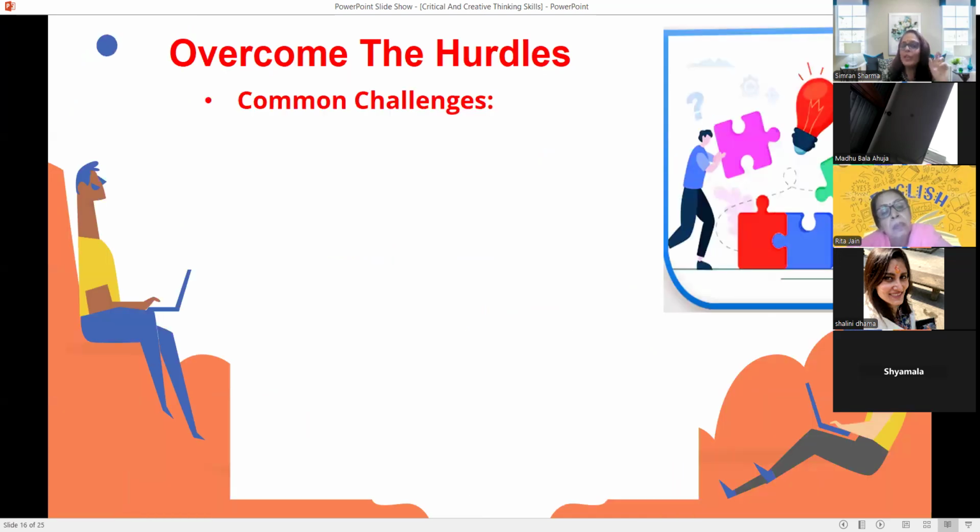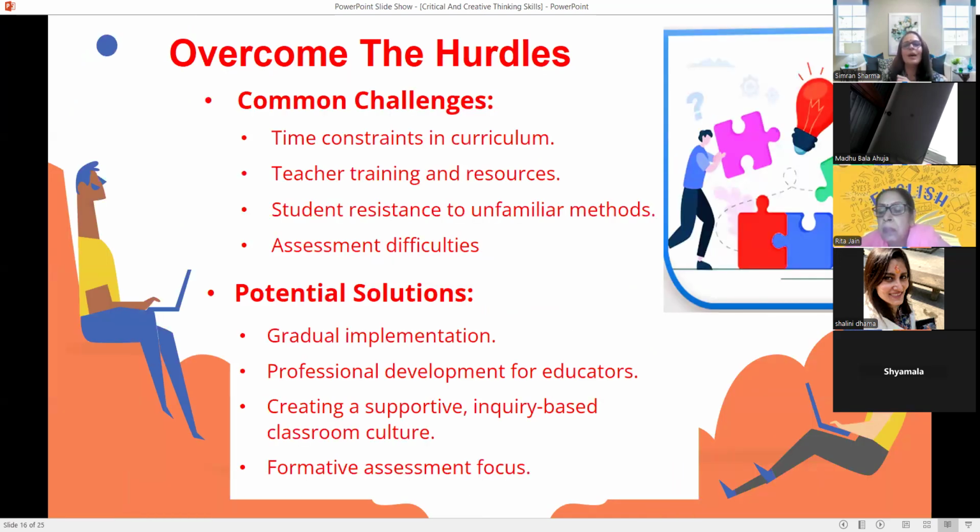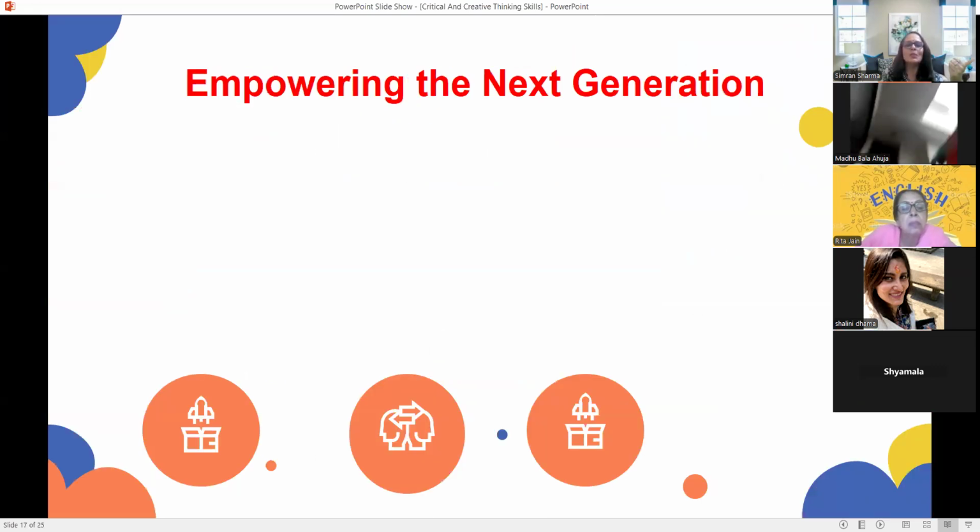How? There would be a lot of hurdles. We will not have time, teachers are not well trained, students are unfamiliar with the methods and show resistance, and we don't know how to assess them. But when we implement it gradually, update ourselves with new skills, encourage an inquiry-based classroom culture and a proper formative assessment, this is possible.